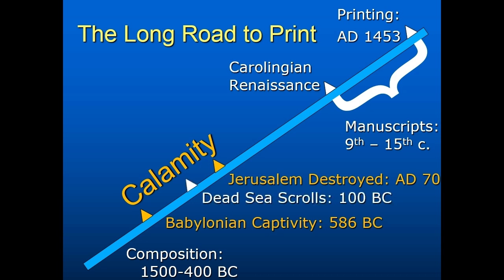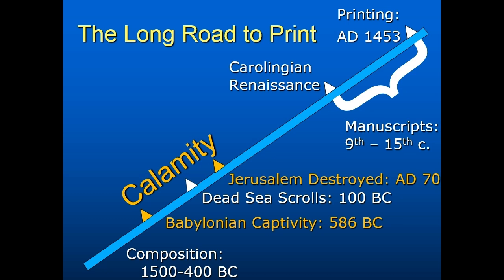1947 changed that. A Bedouin boy throwing rocks at cave entrances over the Dead Sea heard one rock shatter some pottery, and his curiosity brought to light what we call the Dead Sea Scrolls. Found in several caves were manuscripts dating back to perhaps 100 BC, a full 1,000 years older than the ones we had.